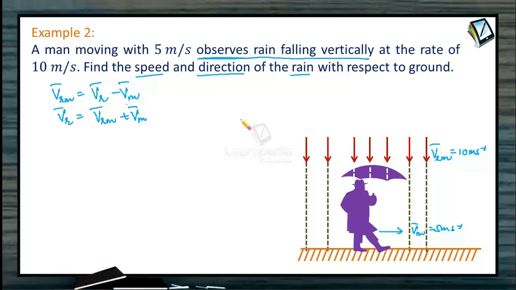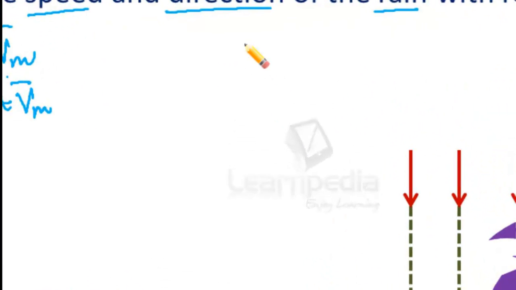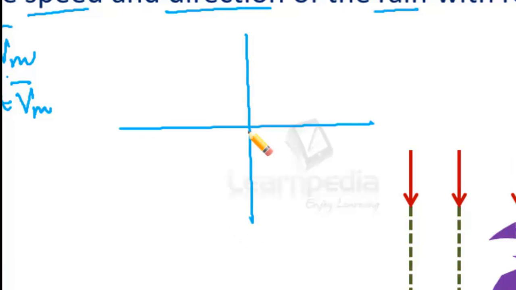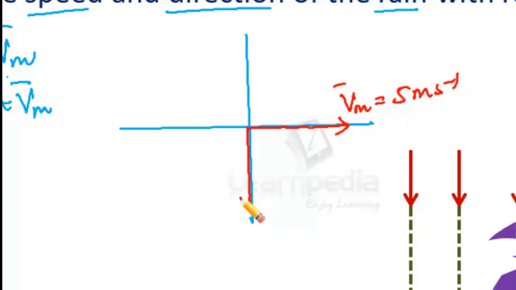So if we do it by the graphical method, draw the x and y axis. Let us take this as our x axis, this as our y axis. Imagine the man is walking towards the right. Velocity of man is given to us, moving with 5 meter per second. Rain appears to fall like this. This is the velocity of rain with respect to man, correct?